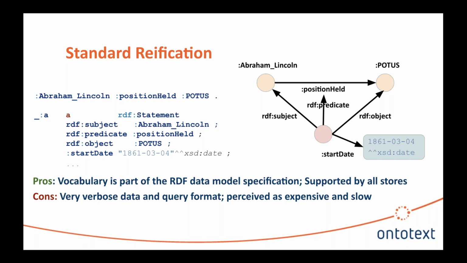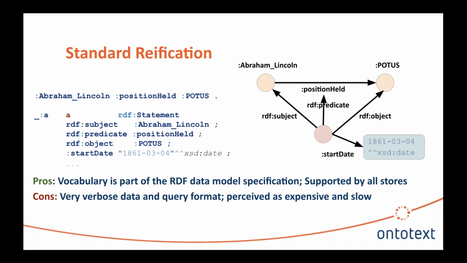And the idea is we are going to create a new blank node. It's not really mandatory to be a blank node, but most frequently this is used as a blank node. And we say, okay, we are going to create a new concept, which is an RDF statement. This is something which already exists in the RDF vocabulary. And there are some standard predicates for RDF subject, predicate, and object.